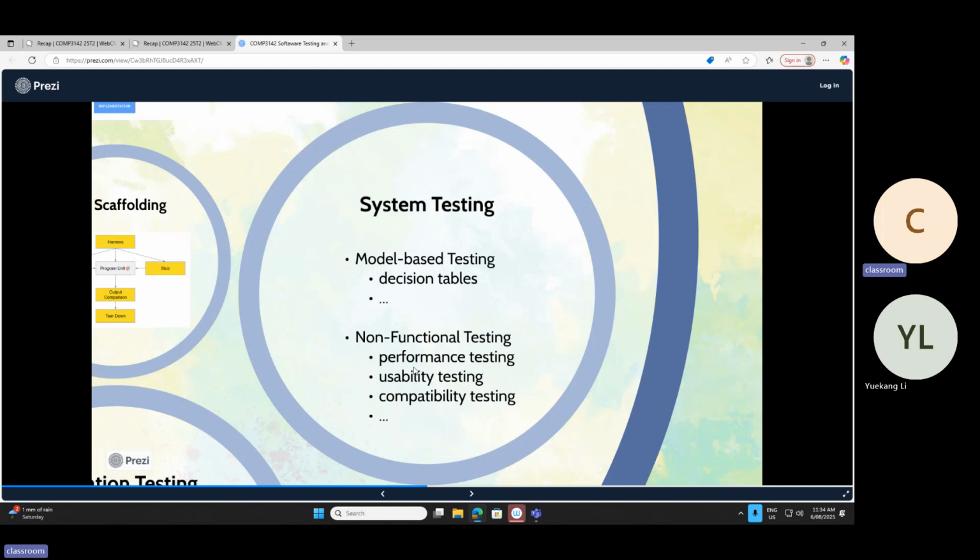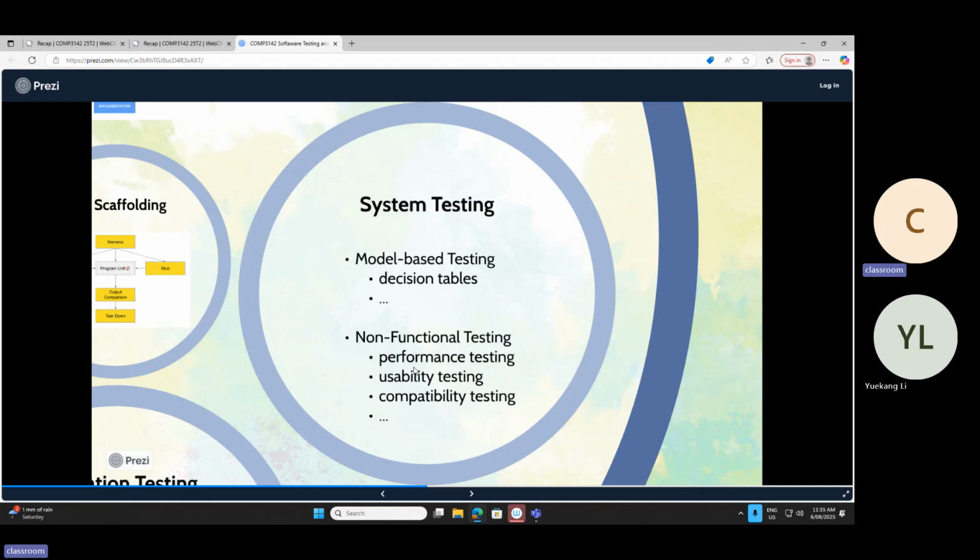The most interesting one here is model-based testing, which means that we can use some models to describe the behavior of the entire system, and then we can design test cases to trigger different behaviors of the model, right?